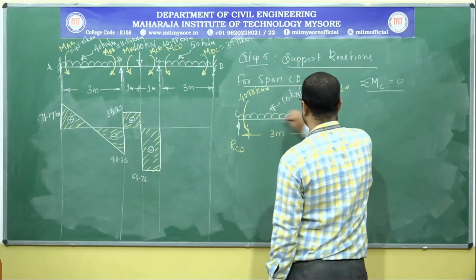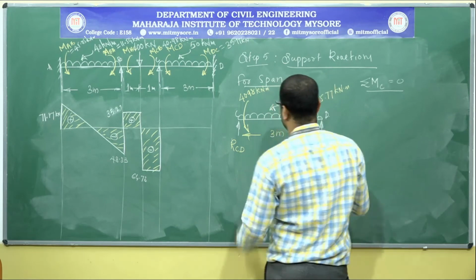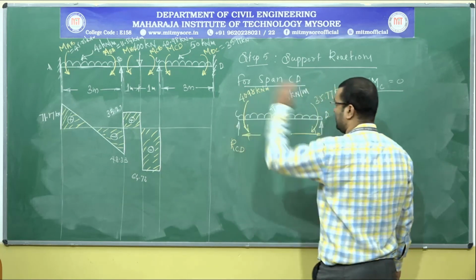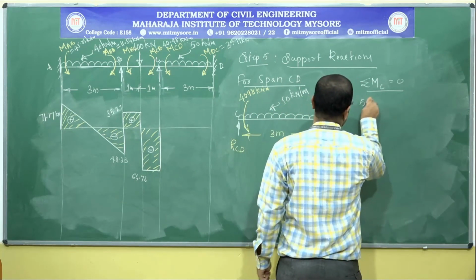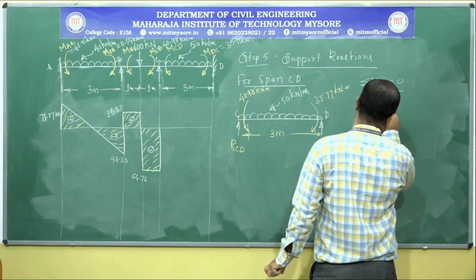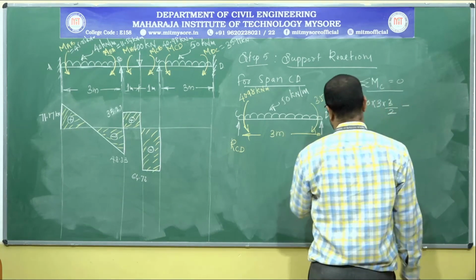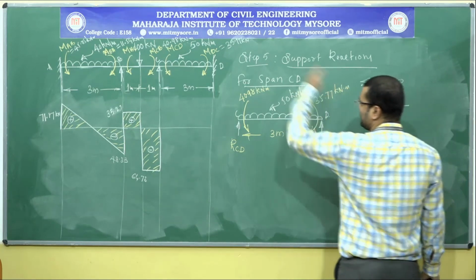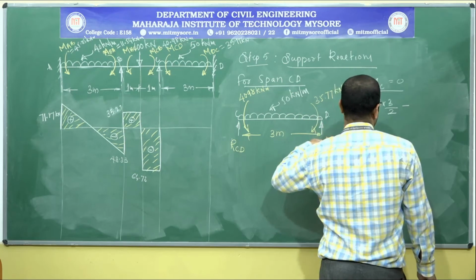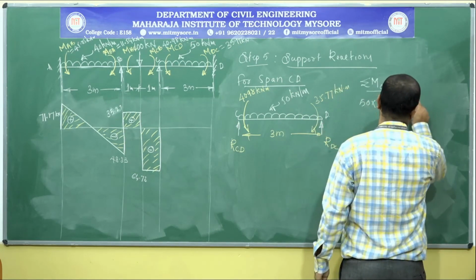Here this UDL, that is 50 kilonewton per meter, creates a clockwise moment about C point. So let us consider that value as a positive value. 50 into the span, 3 meter, acting at a distance of 3/2, minus this RDC, it creates an anticlockwise moment about C point, so let us consider this as the negative value.